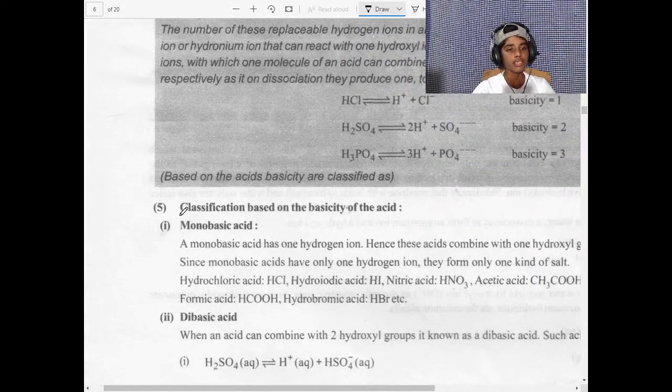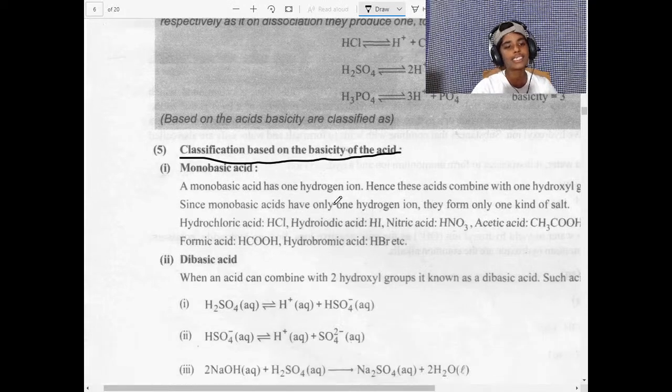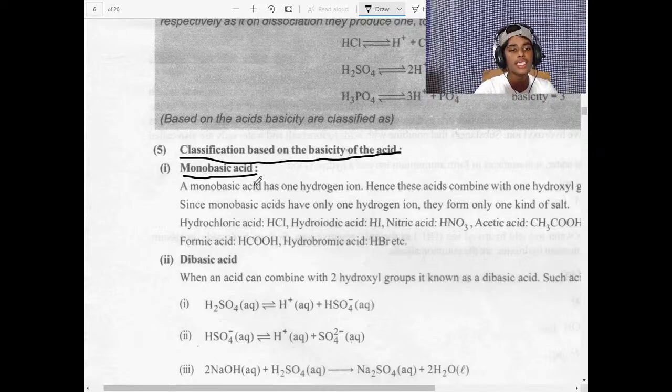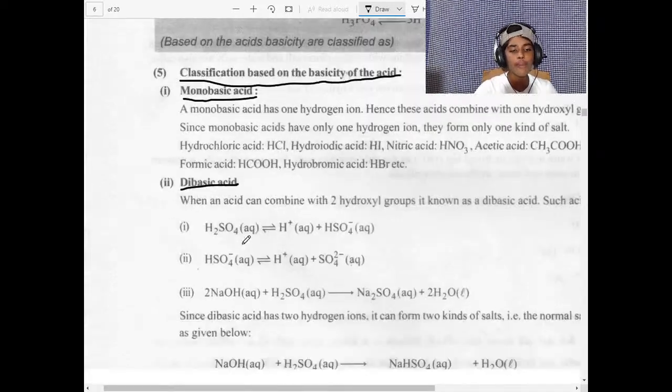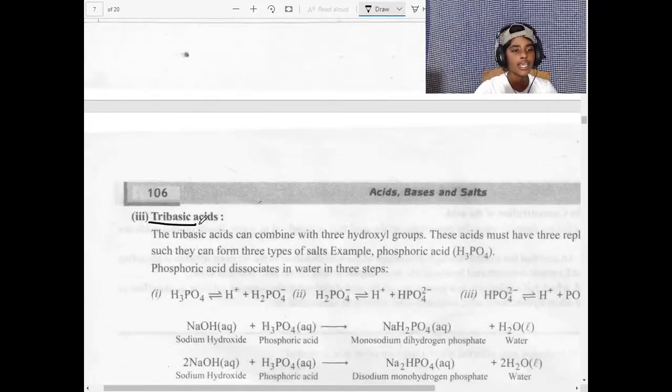Next, classification based on the basicity of the acid. First one, monobasic acid, and second one, dibasic acid, and tribasic acid.